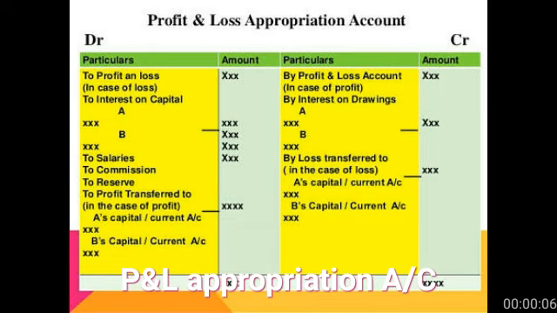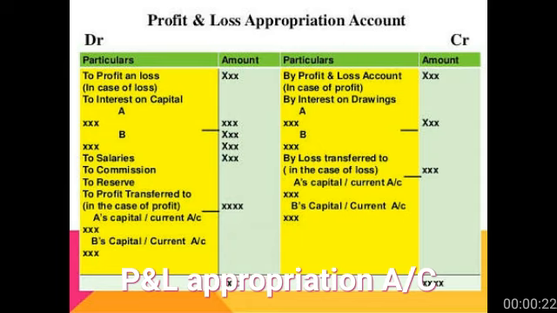Now, you can see the format of profit and loss appropriation account. First we will discuss the debit side. On the debit side, the first item given is profit and loss account.